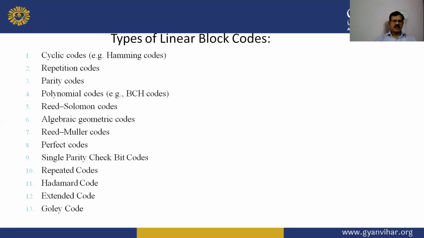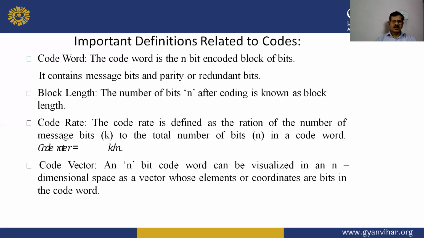Next is Reed-Solomon codes, algebraic geometric codes, Reed-Muller codes, perfect codes, single parity check codes, repeated codes, Hadamard codes, extended codes, and last Golay codes. So these are the linear block code types.